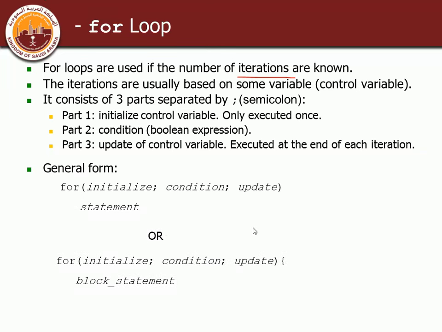Or this one. What's the difference between these two, remember? When there are no braces, I can only put one statement, which means only one statement is inside of the loop.